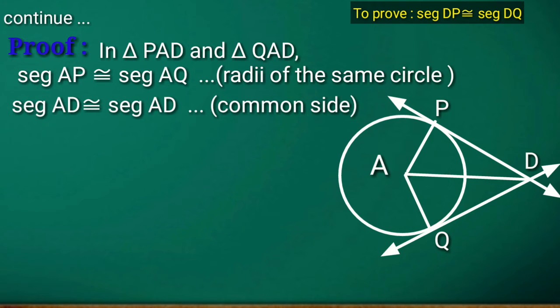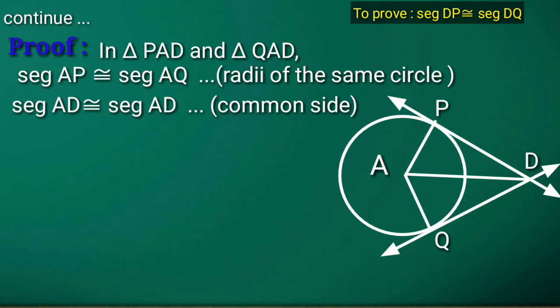In previous point, we have learned about tangent theorem. That is, a tangent at any point of a circle is perpendicular to the radius. Perpendicular means make 90-degree angle. Here lines DP and DQ are tangents to the circle at points P and Q respectively.